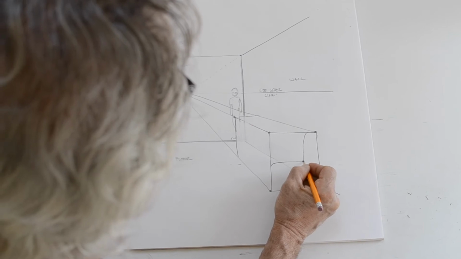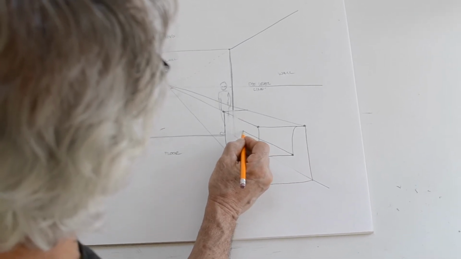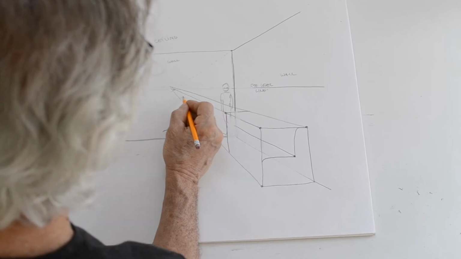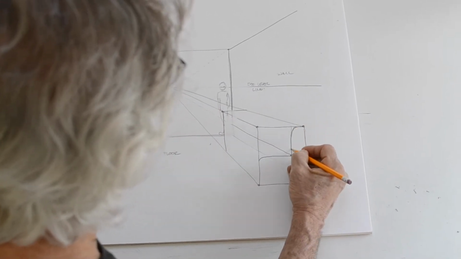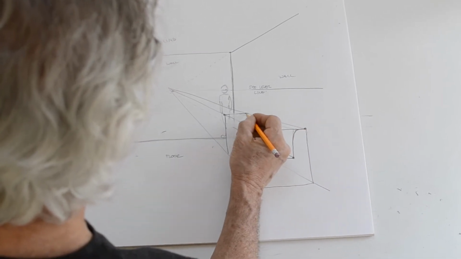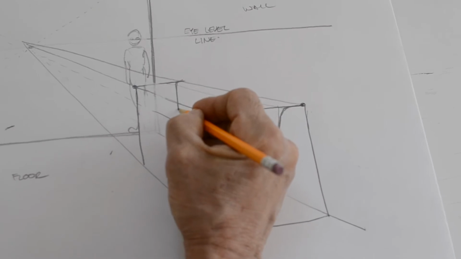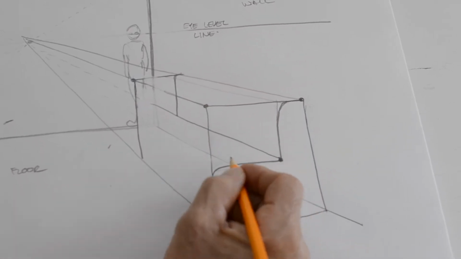We have another corner here. This corner goes to the vanishing point. Whatever happens here, that's basically our vertical and our horizontal. Vertical here. After we hit that point, it goes horizontal.